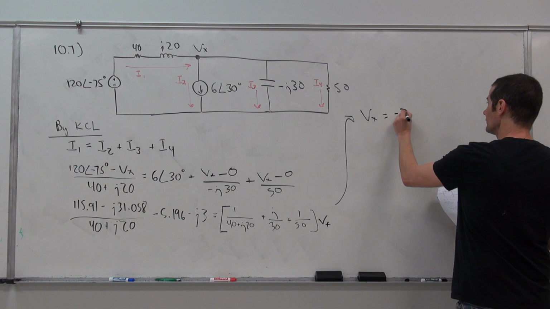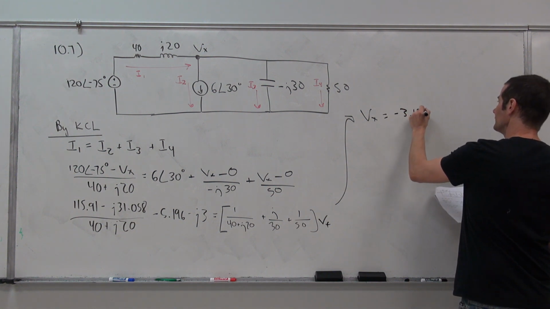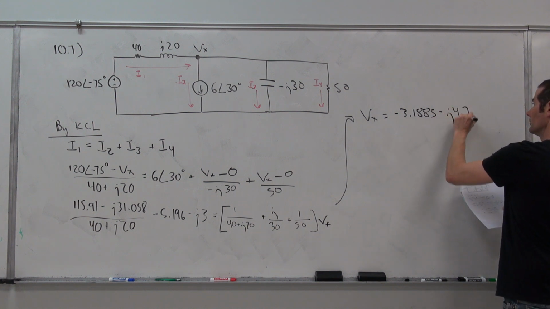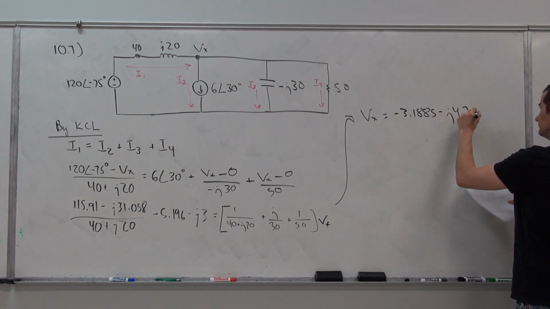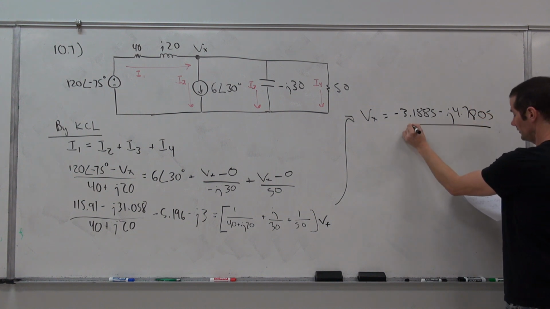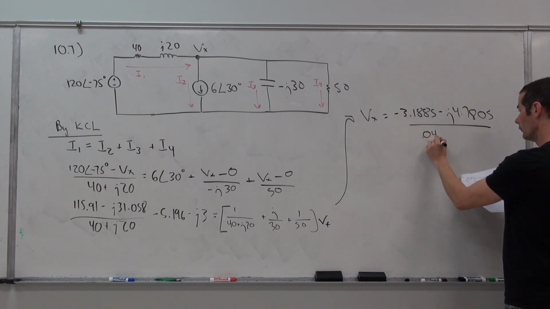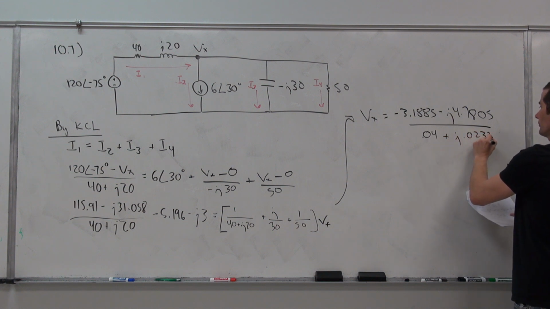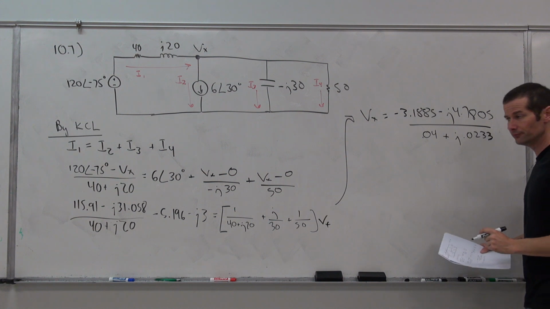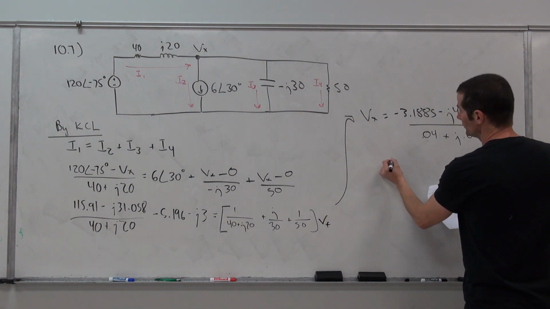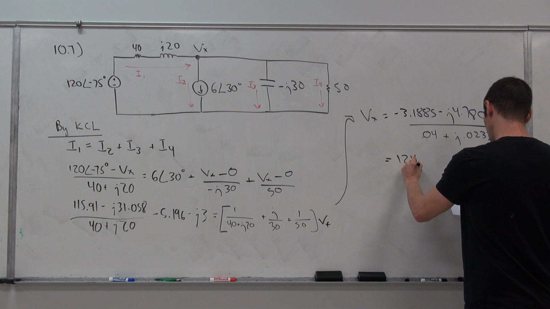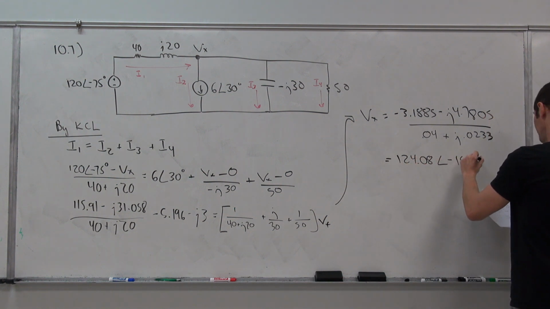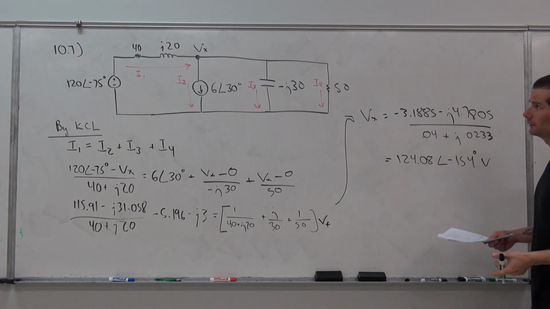We then get negative 3.1885 minus j4.7805, all divided by 0.04 plus j0.0233. And that comes out to be equal to 124.08 at an angle of negative 154 degrees volts.